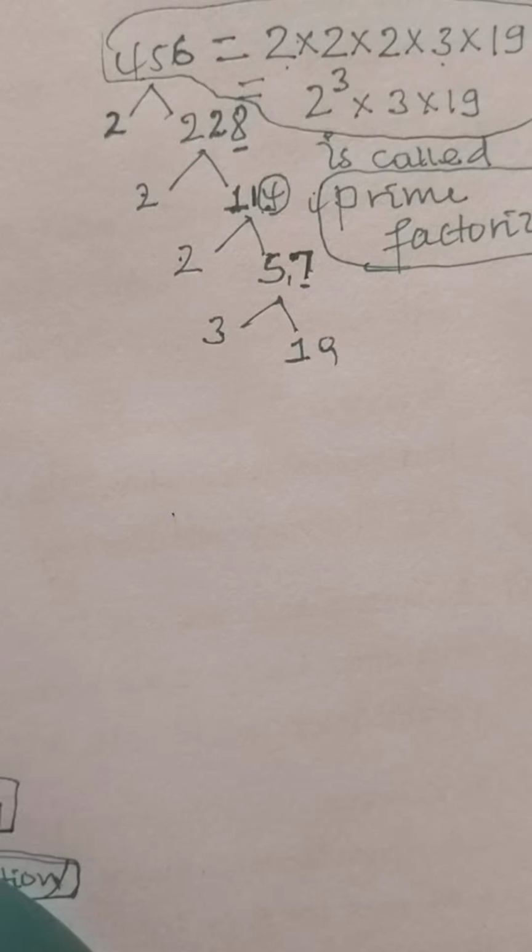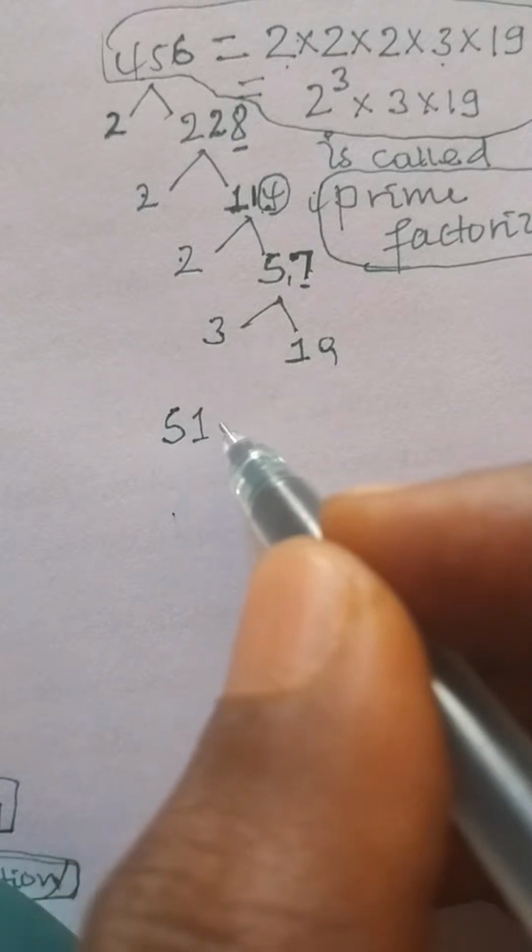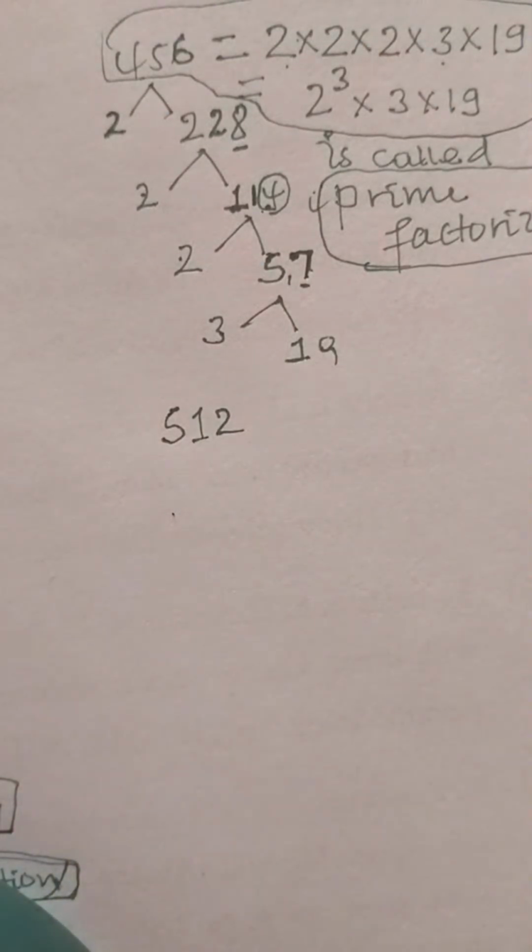We defined that prime factorization means an expression of a composite number as a product of prime numbers. Using this definition, we have seen a lot of examples. So let's take another example, 512.